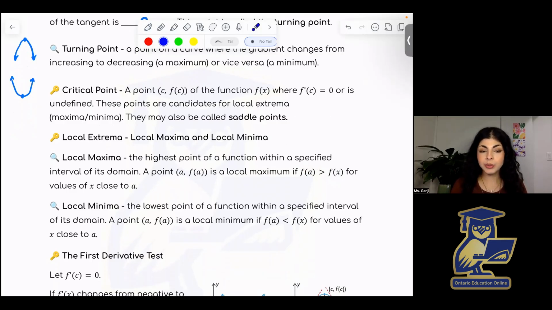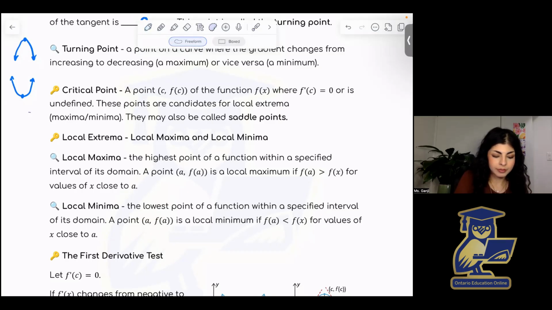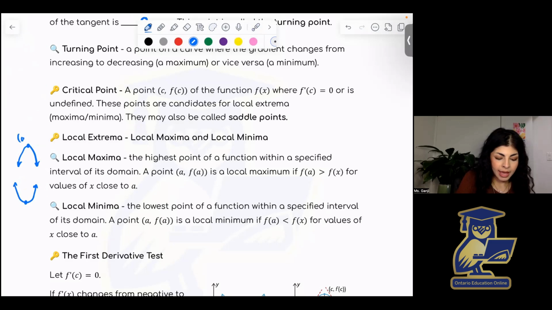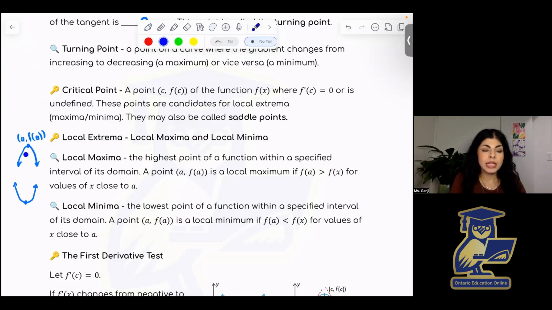So as x is approaching a from either side, we see that all these output values are less than f of a. So that makes it a local maxima.